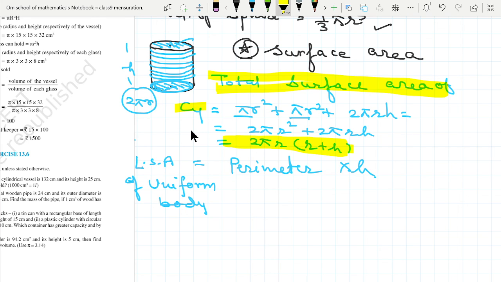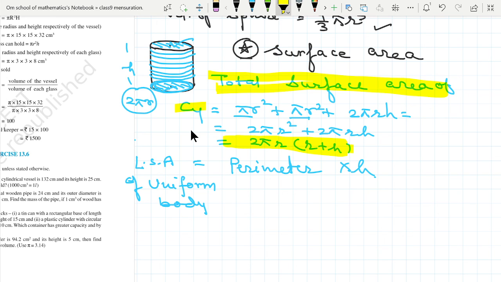Now see why h square plus 4r square. See, here is the diagonal. If we take this right angle triangle, this is the height, this is the diameter, and hypotenuse can easily be found out by using sum of squares of these two sides, means d square plus h square. And you all know कि d means 2r.